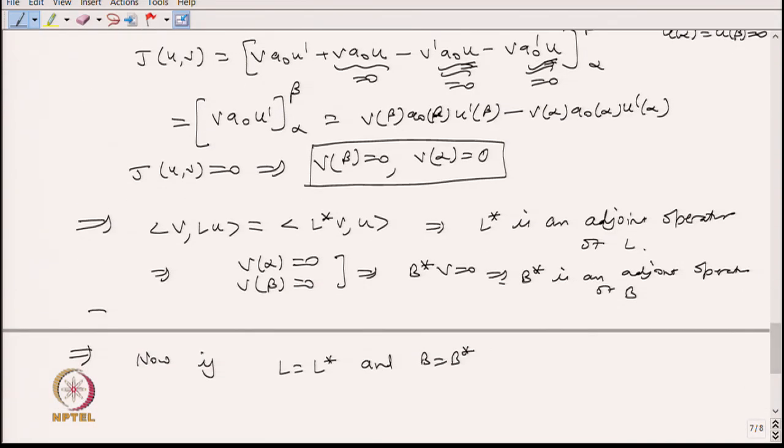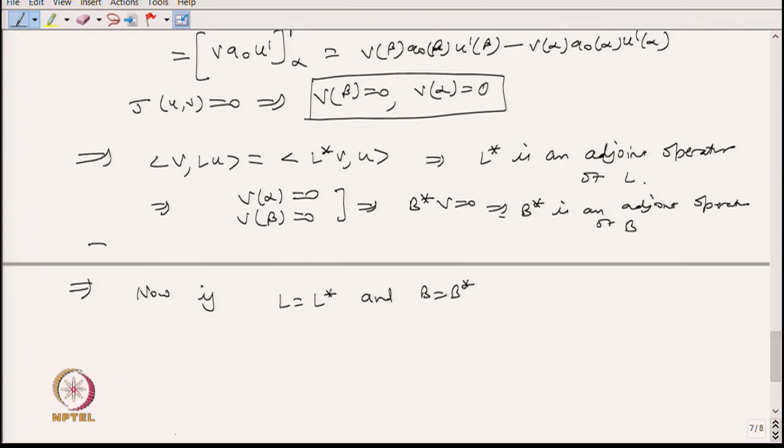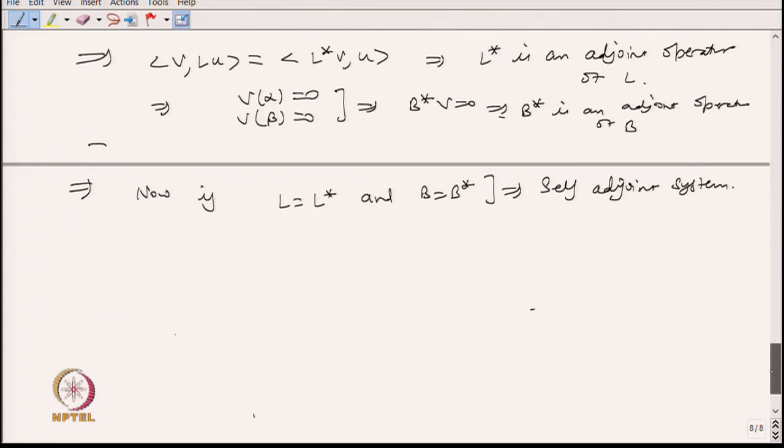And B star is also the corresponding adjoint operator, and they are the same type. So, in that case, if L is equal to L star and B is equal to B star, then we say it is a self adjoint system, because in the system we have the operator and the boundary conditions. So, we will say that this system is a self adjoint operator system.